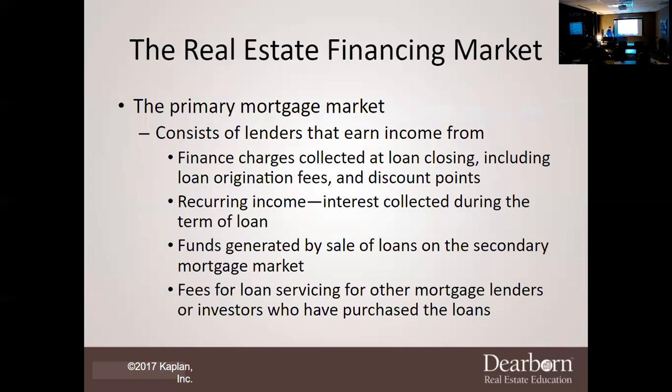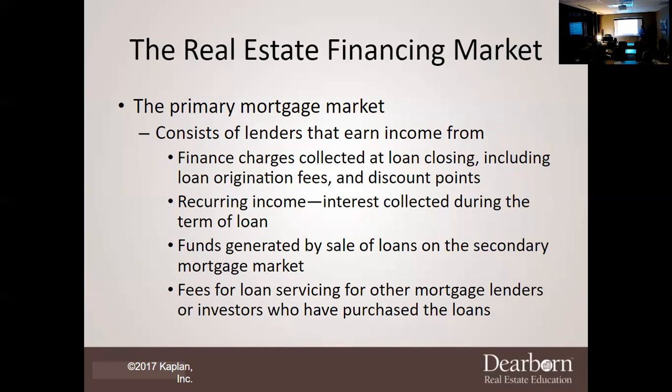Now, this is another prime area they love to test on. There are two types of mortgage markets. There is what's called a primary mortgage market and a secondary mortgage market. Now, I'm going to sum this up real quick before we go through these.